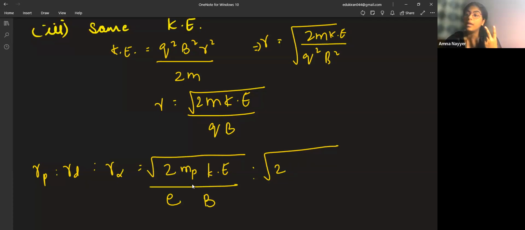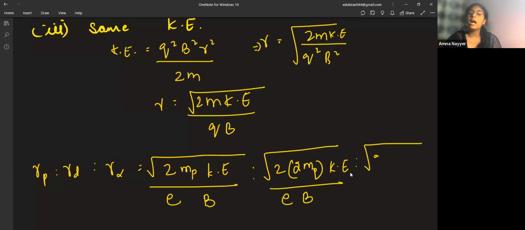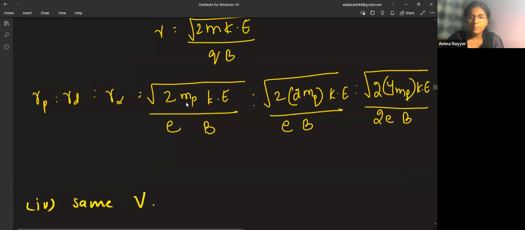The mass of deuteron is double, so 2 into 2mp, kinetic energy will be the same, by the charge on deuteron e, magnetic field B, is 2 under root 2. The mass of the alpha particle is 4 times, so this becomes 4mp into kinetic energy divided by charge, which is also double. Now you just have to find the ratio of this. See, mp KE eB, this gets cancelled.